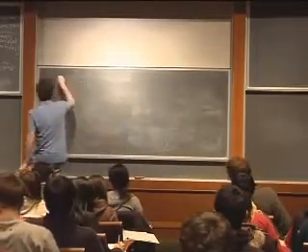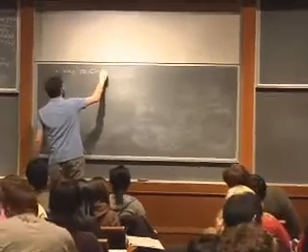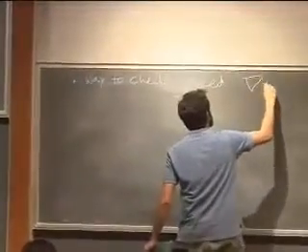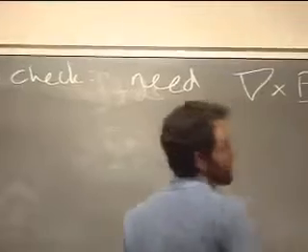So another way to check is you need the curl of F to equal the 0 vector.